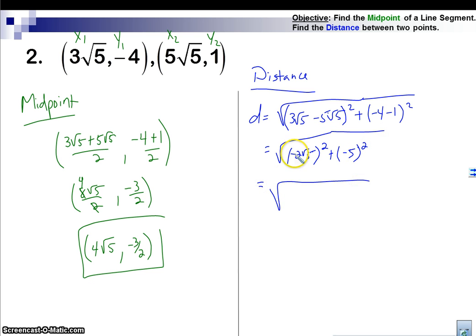So this is a little tricky here. When we square negative 2 root 5, we're going to square 2, so it's going to be 4. And then we're going to square the square root of 5, which is just going to be 5. And then this is going to be 25. So we have 20 plus 25, which is the square root of 45. That's it.